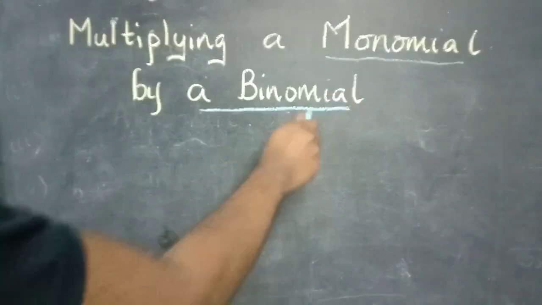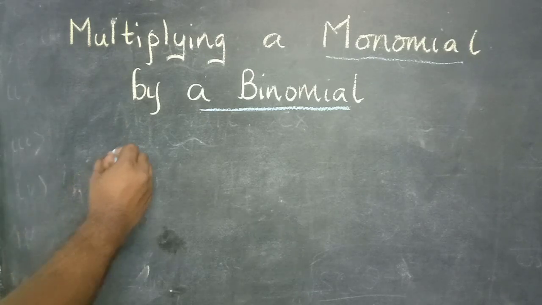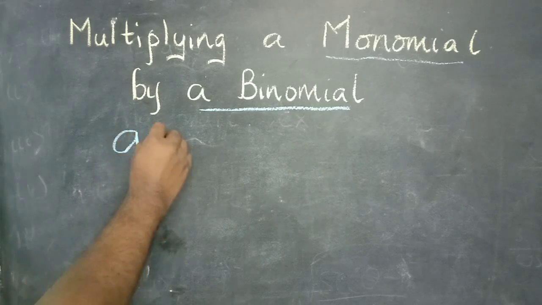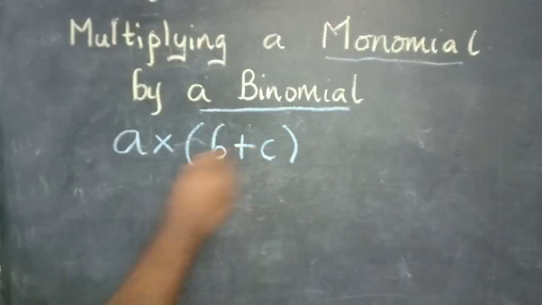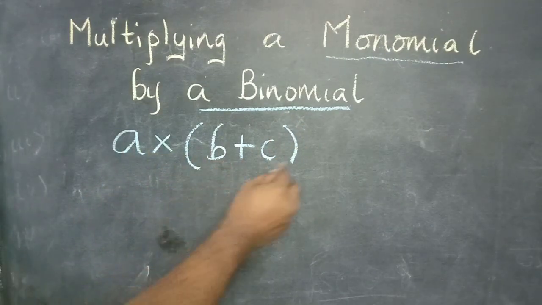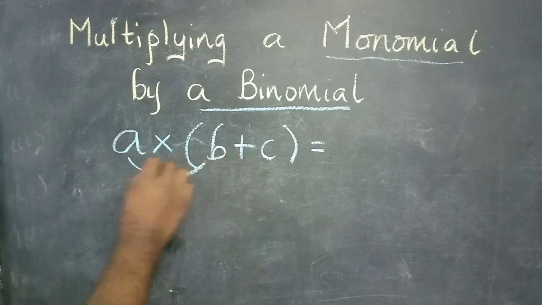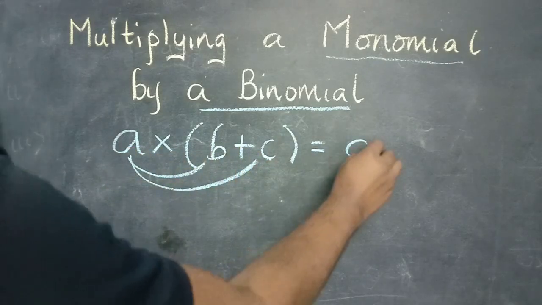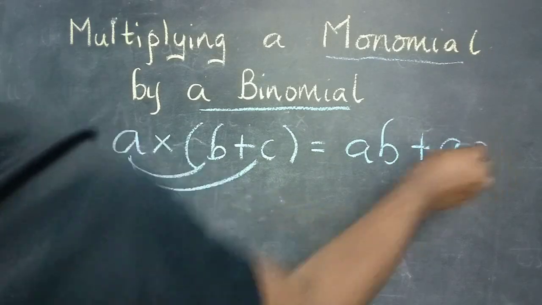Multiplying a monomial by binomial, we know the distributive law for integers, that is a into b plus c. A into b plus c equals what? A into b plus a into c. ab plus ac.